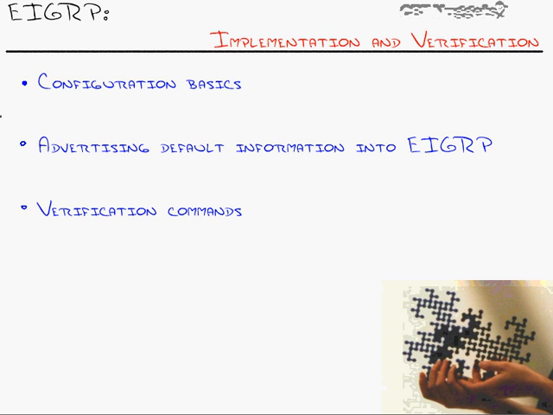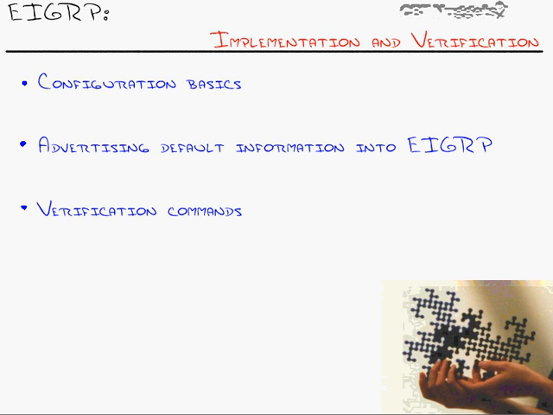So upgrade your routers is the point. We looked at advertising default information using the default network command, or just by typing in network 0.0.0.0 and sending your default route along its way. The verification commands we took one by one and walked through those, and we'll only get more advanced as we get into the upcoming video on EIGRP.